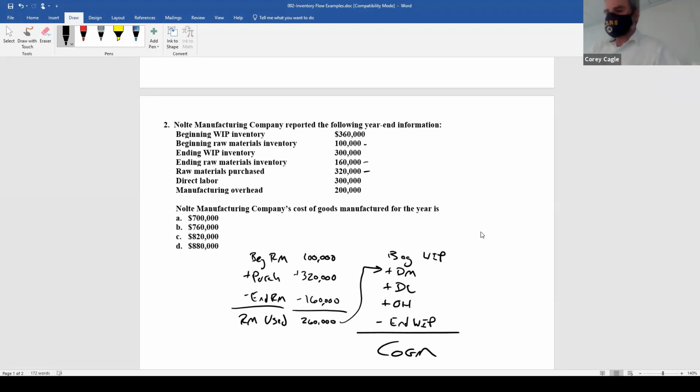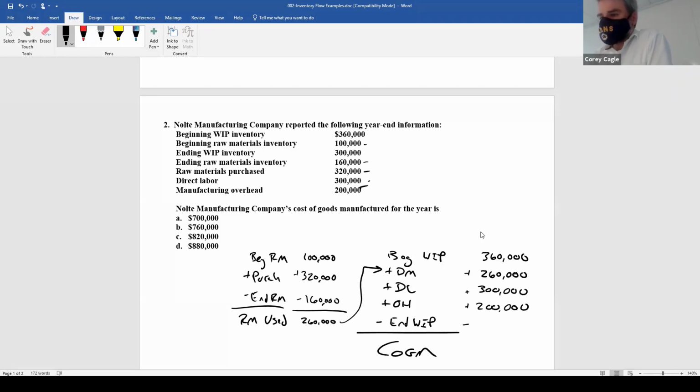All right, so now the rest. Beginning work in process is 360. Raw materials, we just figured out, is 260. Labor, 300. Overhead, 200. All that's cost of goods that we had on the floor, and all the cost that we've spent.